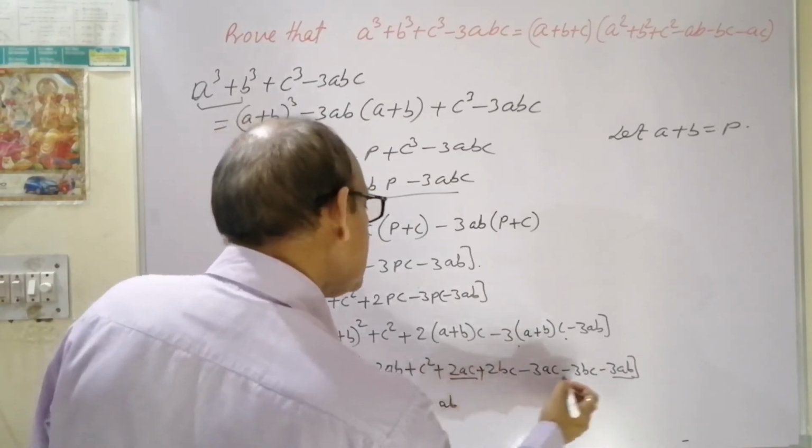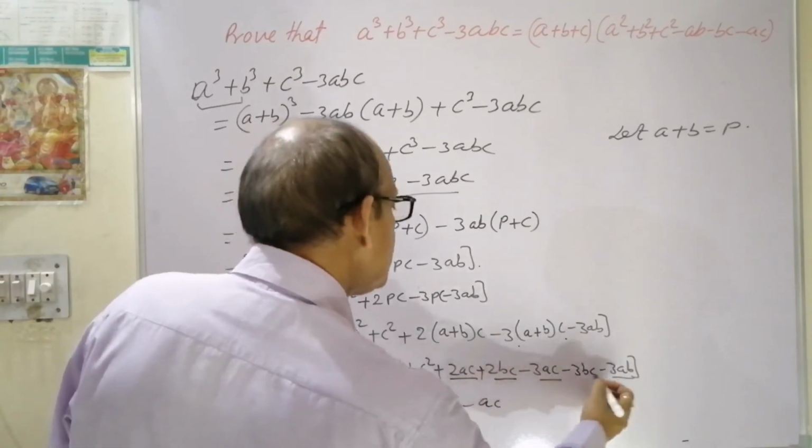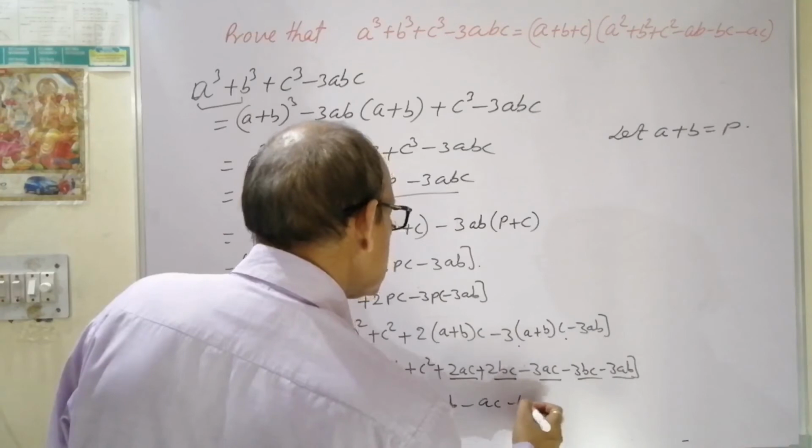Now 2AC and 3AC gives minus AC, 2BC positive and 3BC negative gives minus BC.